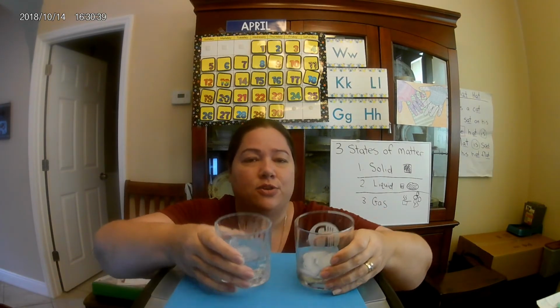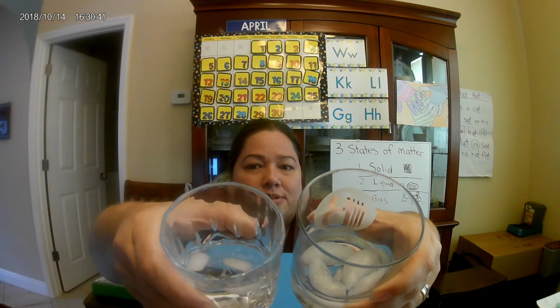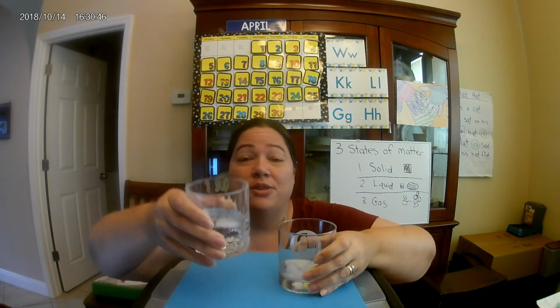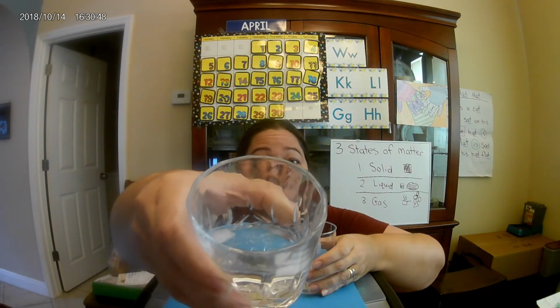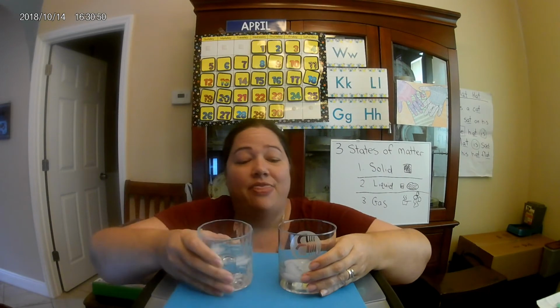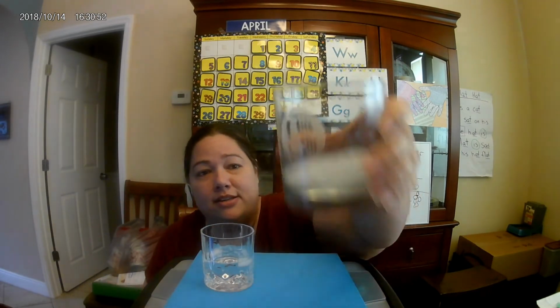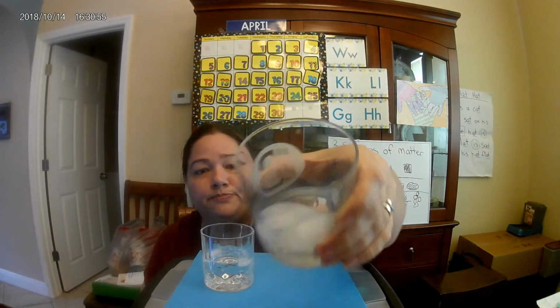So here, I don't know if you can see inside of my cups, they both were the same size ice cubes. And now in this one, the ice cubes are almost gone. Oh my goodness. And in this one, of course, they're still there, but there's a little bit of liquid in there.